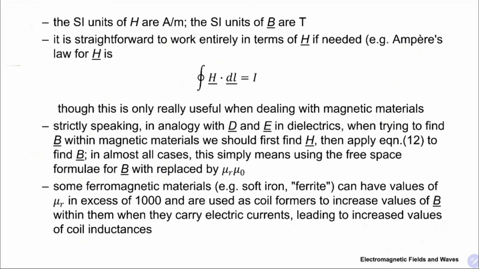The SI unit of H is amperes per meter, and the SI unit for magnetic flux density B is the tesla.